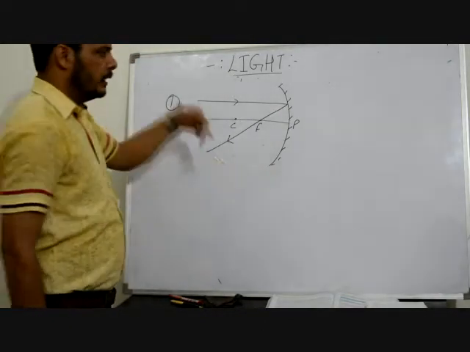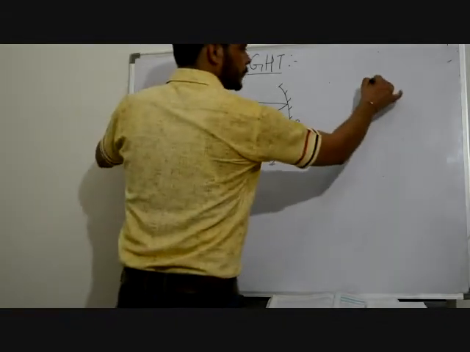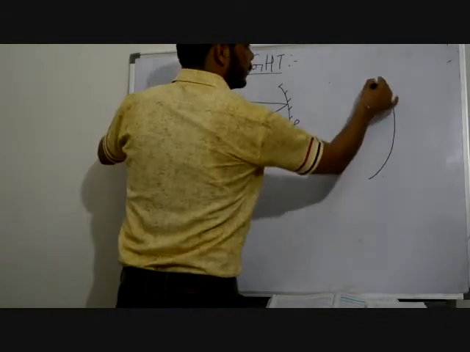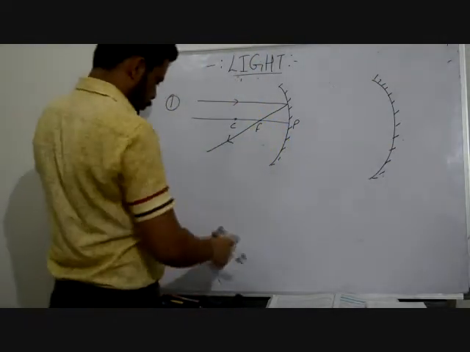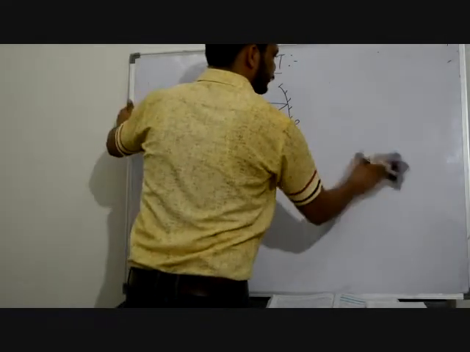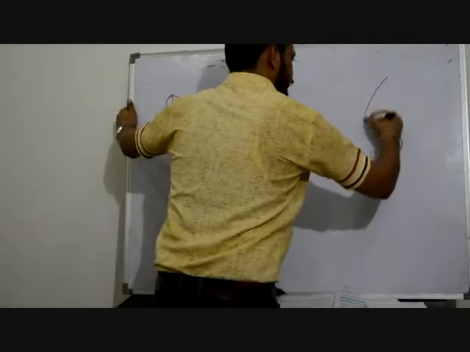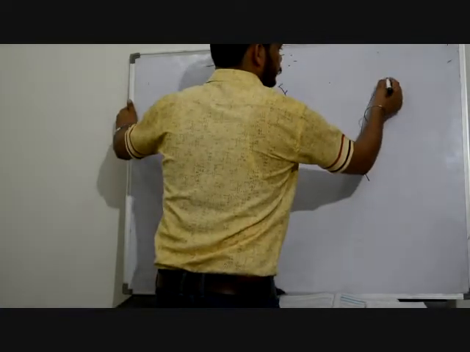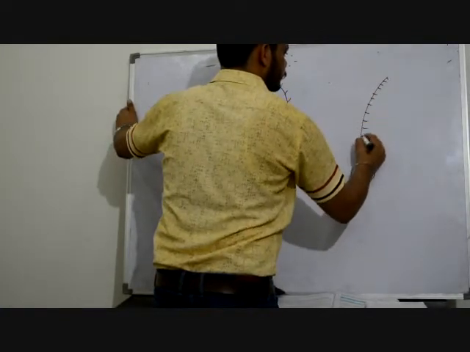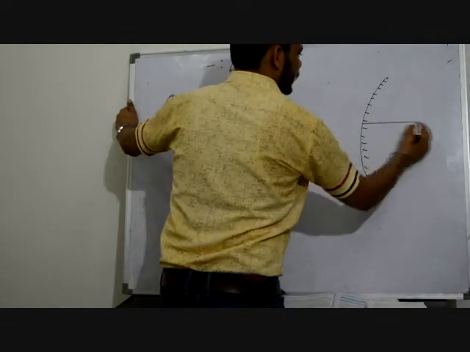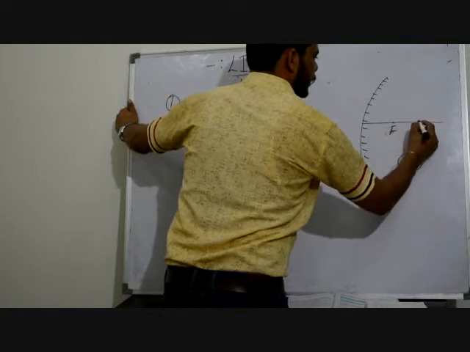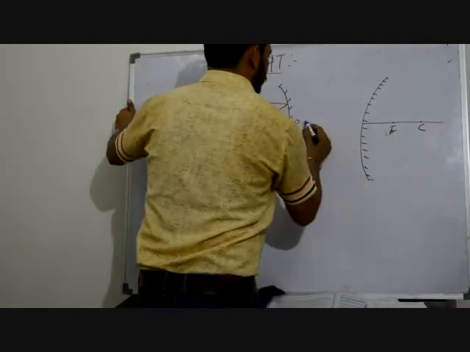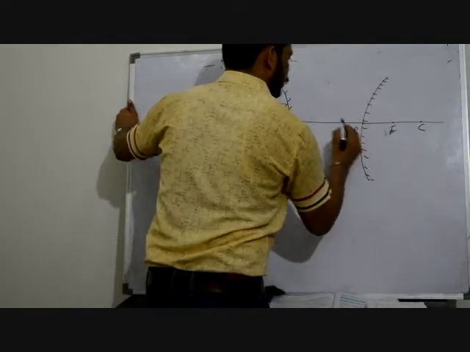This is a concave mirror, and if you draw it for a convex mirror, it is like this, and here is the focus, the center of curvature, and this is the pole.